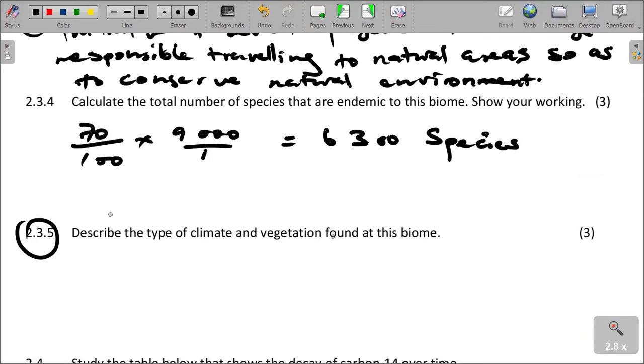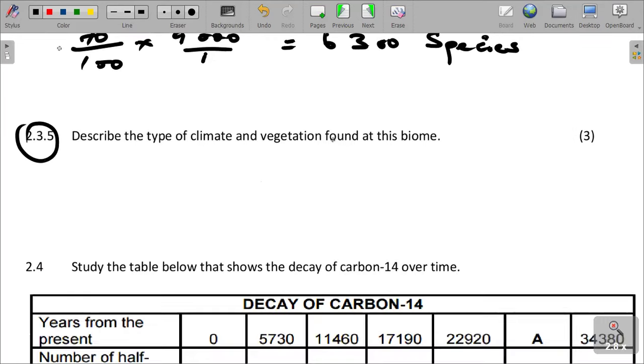In terms of the description, you can as well go on the channel and look at the explanation of the fynbos biome. You can find it in the essay.